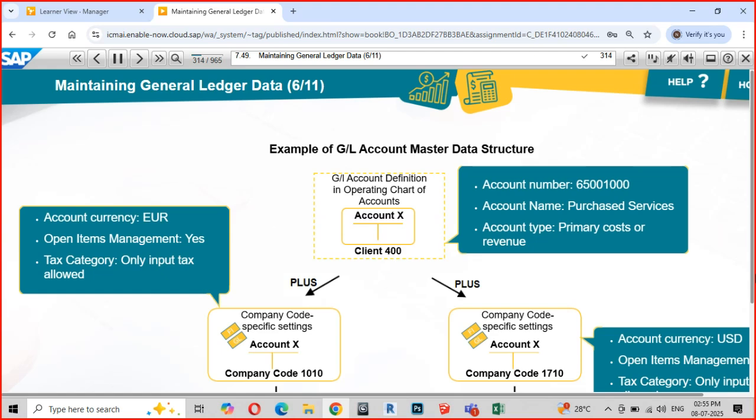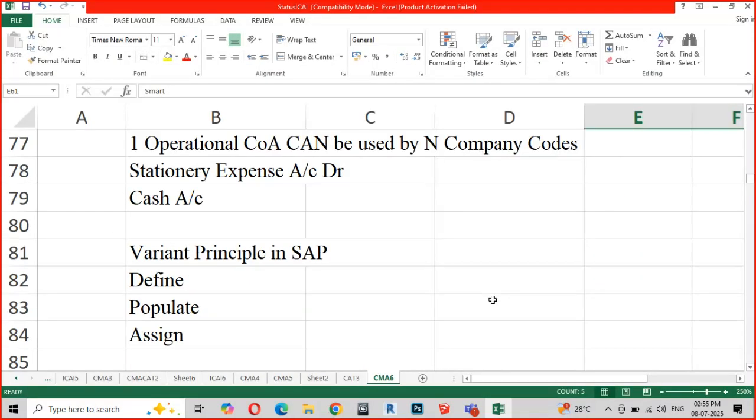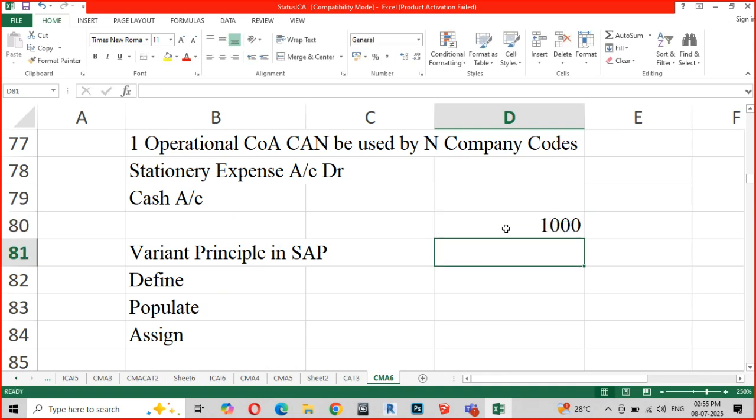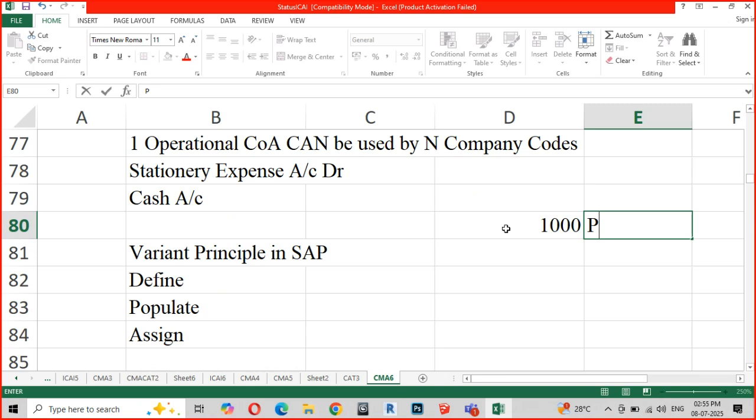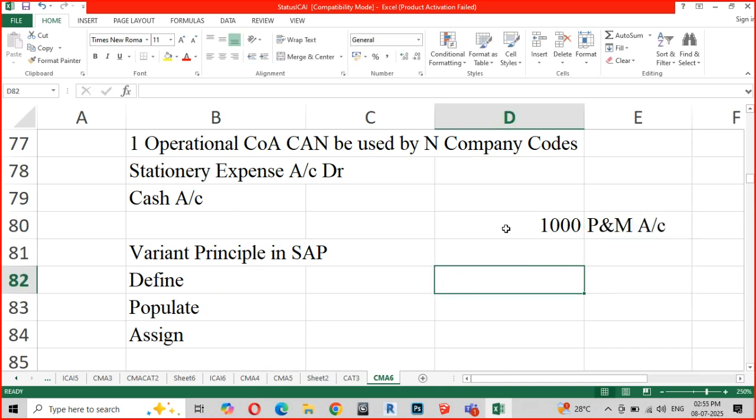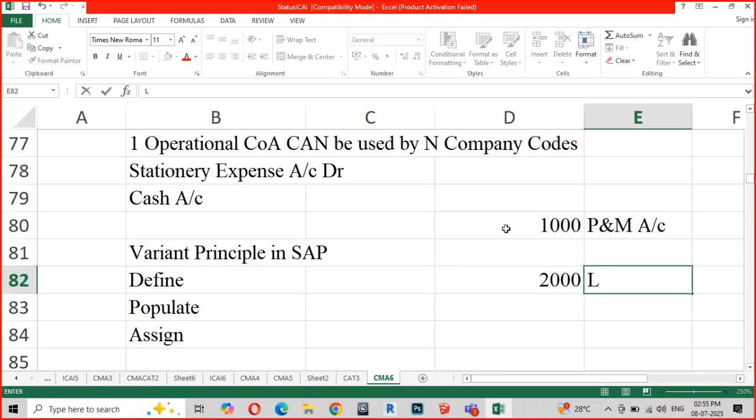For example, if you want me to explain this, say this is the plant and machinery account. I left some space. Let's say land and building.